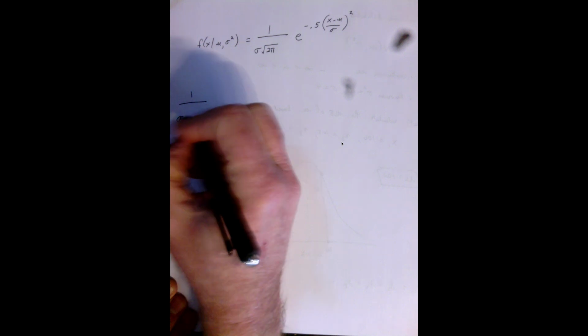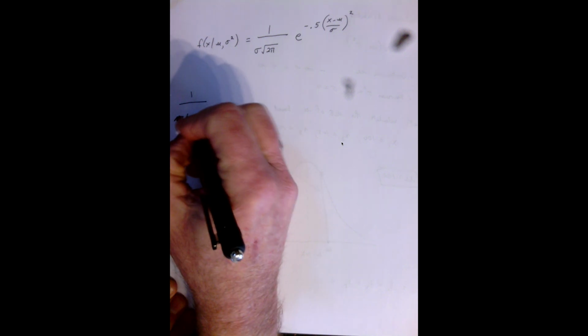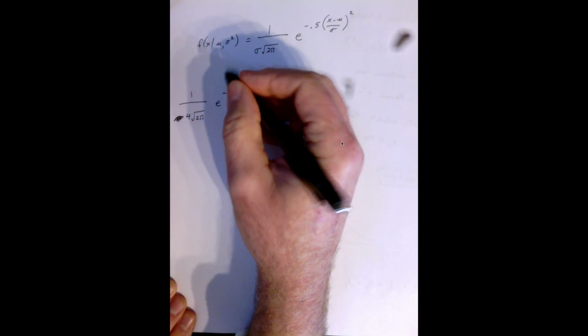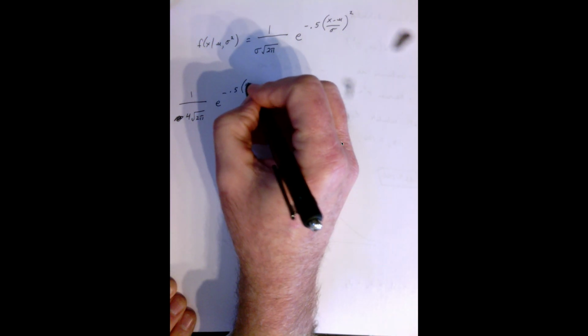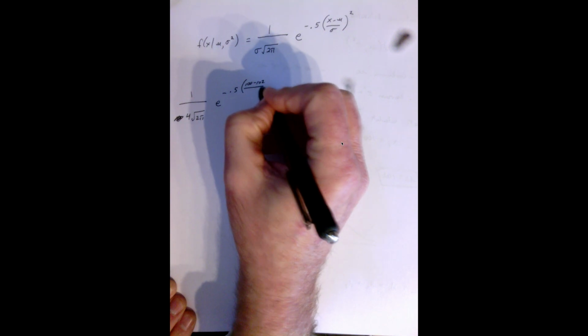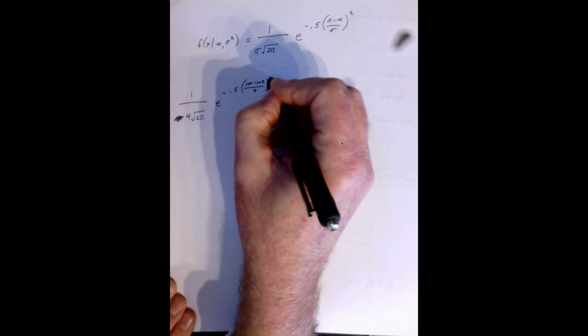So what I could do for the first data point, again, the first data point was 100, so I would have 1 over sigma. Well, we know that now, don't we? 4 square root of 2 pi e to the minus 0.5. X in this case is 100. Proposed mean is 102. Standard deviation is 4.